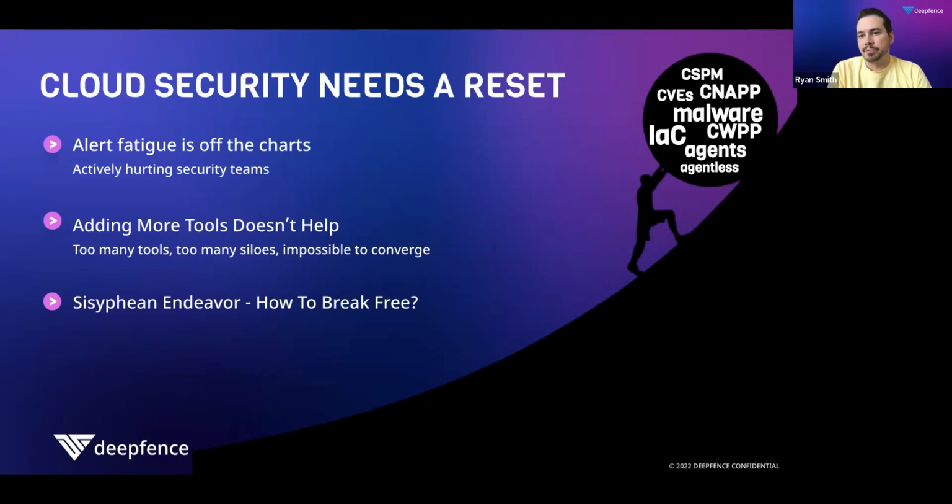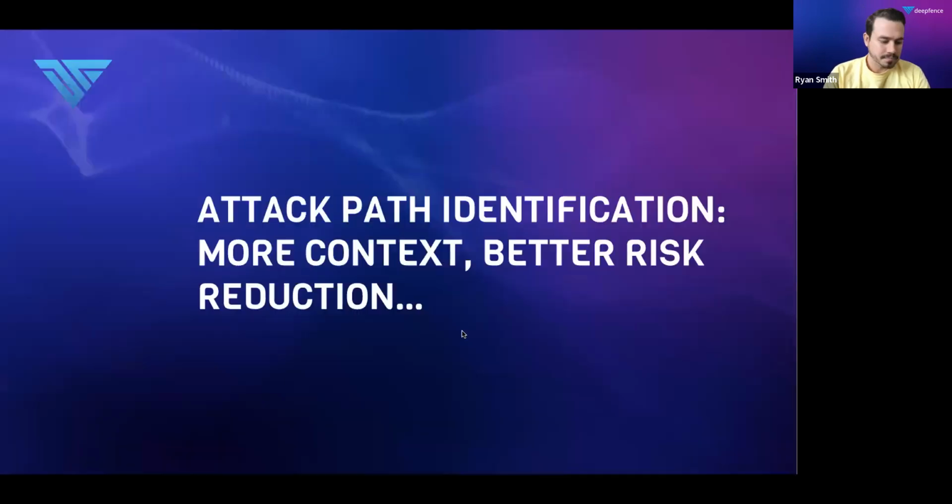And so how do we really break free of this Sisyphean endeavor of rolling up the hill, right, with all of these things? And that brings us to the topic of today's webinar, which is that with attack path identification, management, analysis, etc., i.e. adding more context to the security scans and results we're getting in our environment, ultimately leads to better risk reduction and the ability to remediate those alerts with the proper controls.